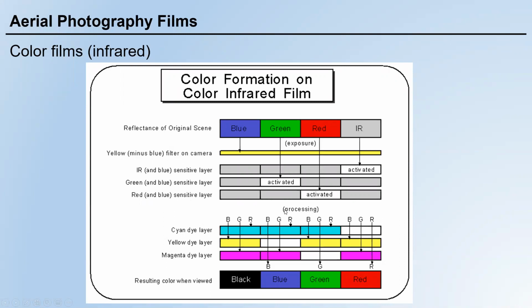But in the processing, green will be blocked by the magenta dye layer, and the green will be portrayed as blue. This is on purpose. And red will be eventually processed as green.